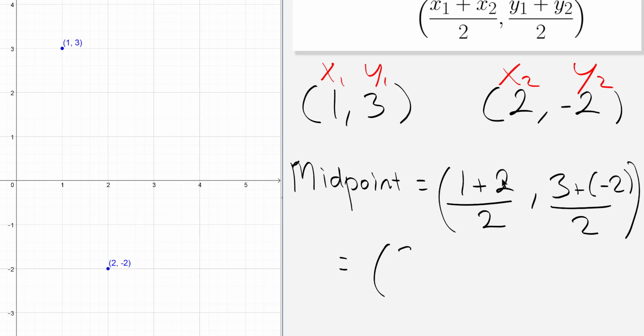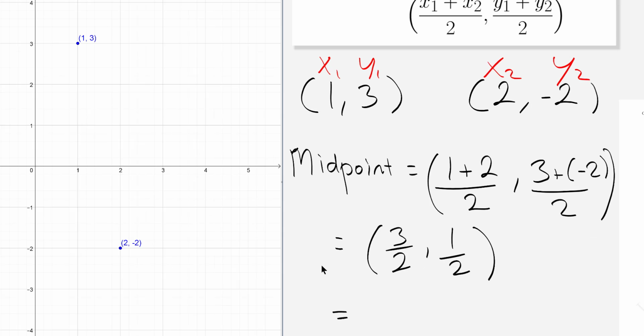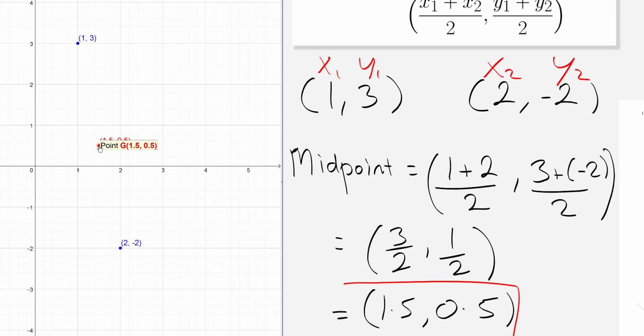So 1 plus 2 gives you 3 over 2, comma, and 3 plus minus 2, that's really 3 minus 2 over 2, so that's 1 over 2. So that's 3 over 2 and a half. If you want, you can write that as the point (1.5, 0.5). We can see our midpoint between the point (1, 3) and the point (2, -2) is the point (1.5, 0.5).